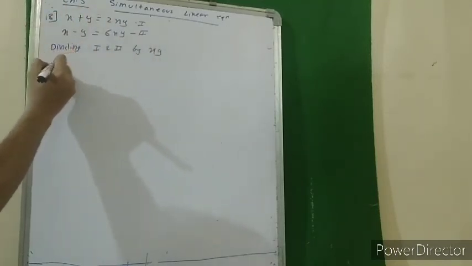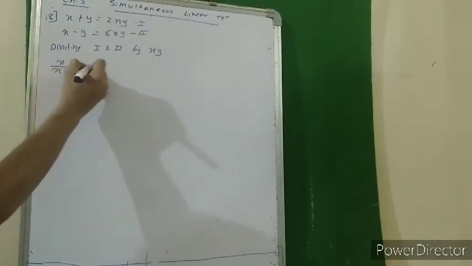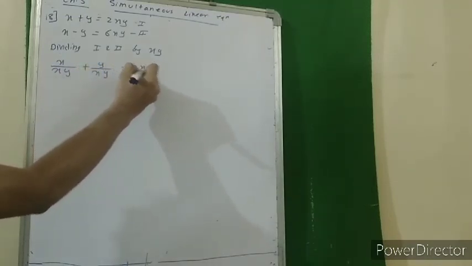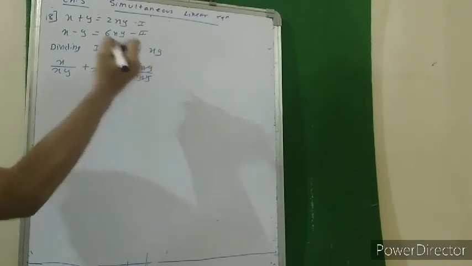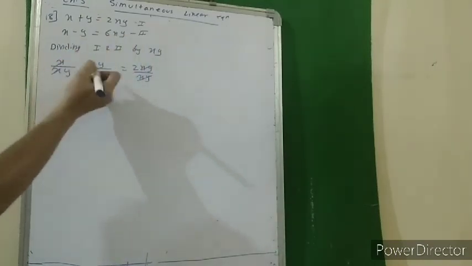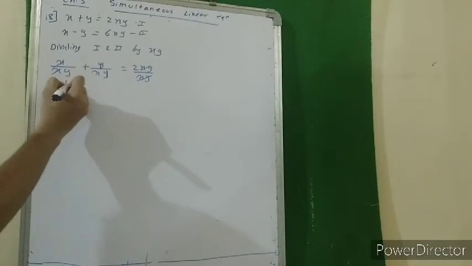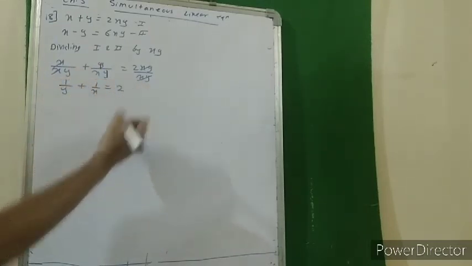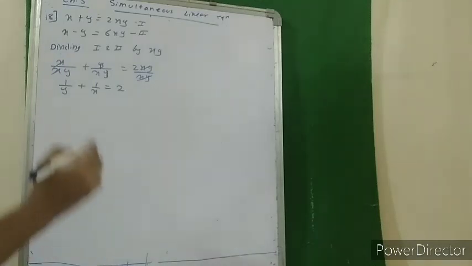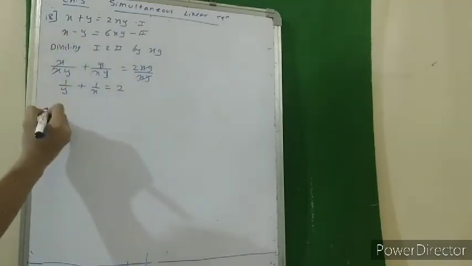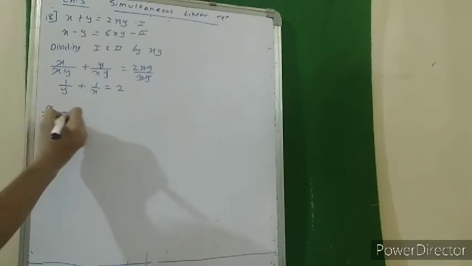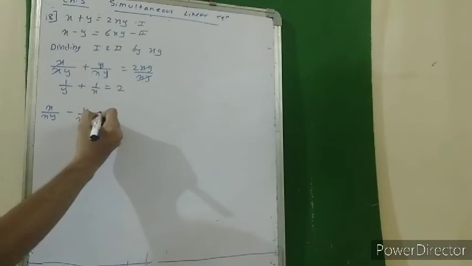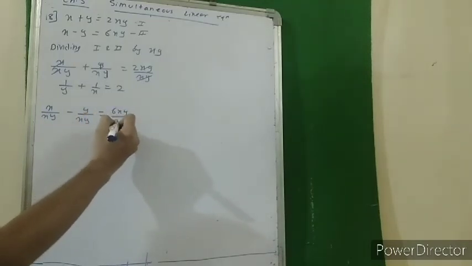So we have x upon xy plus y upon xy is equal to 2xy upon xy. So this xy gets cancelled, x gets cancelled, y gets cancelled. We have 1 upon y plus 1 upon x is equal to 2. Okay. And again this one, x upon xy minus y upon xy is equal to 6xy upon xy.